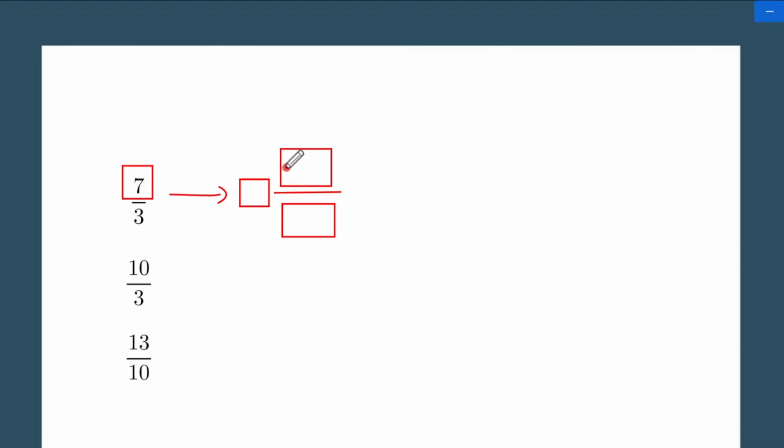So this is the format for the mixed numbers. A mixed number is a number that has a whole number and a fraction. And how do we do it? We think about this pizza here with 3 slices, and we say, if one pizza is made of 3 slices, how many pizzas can I have here?